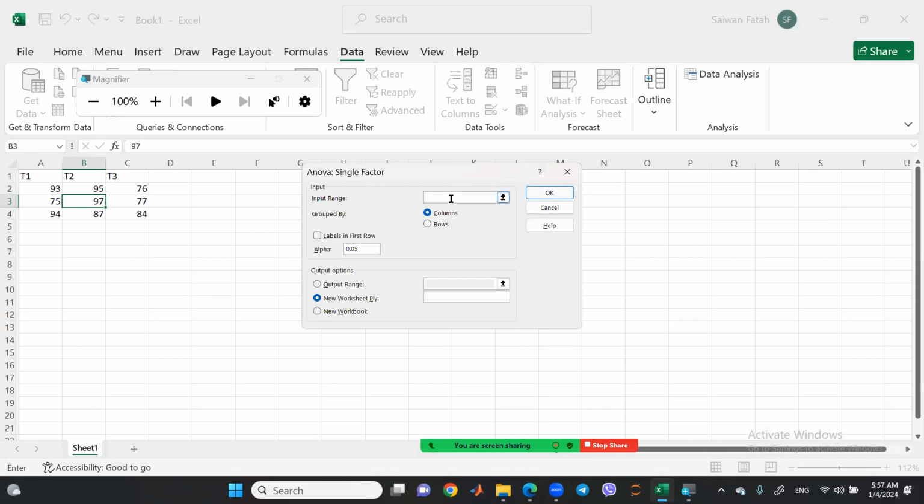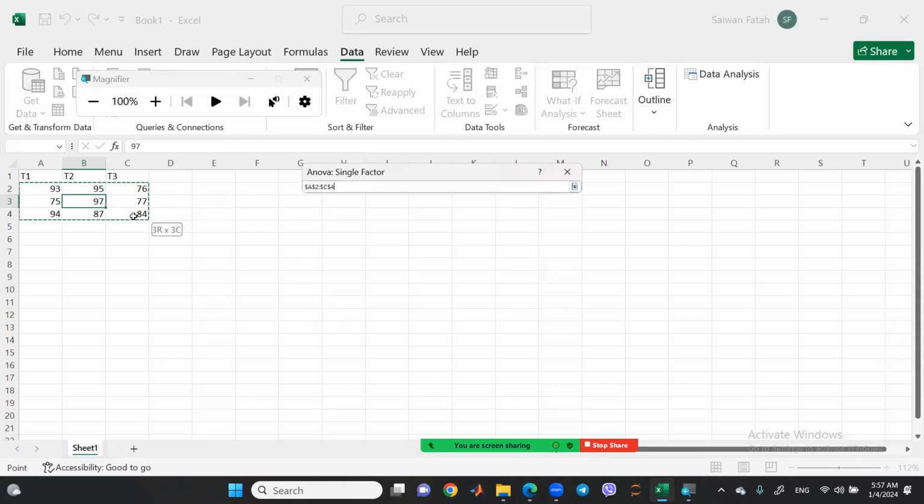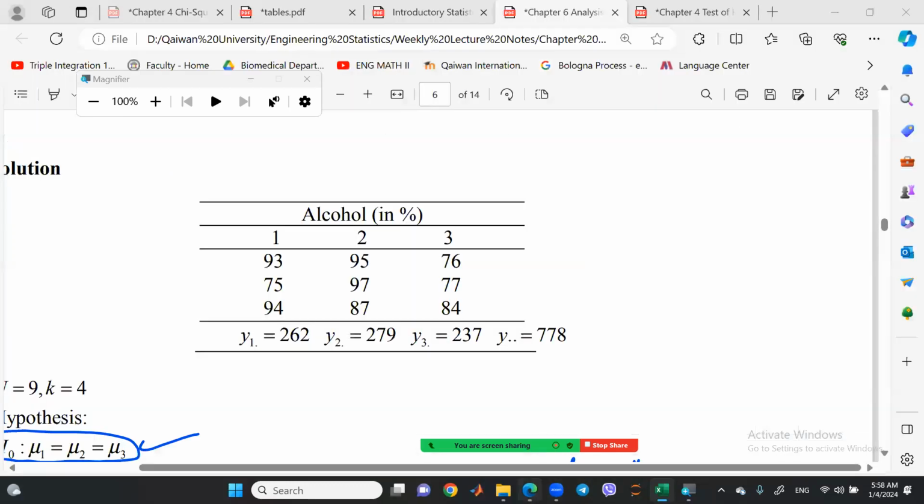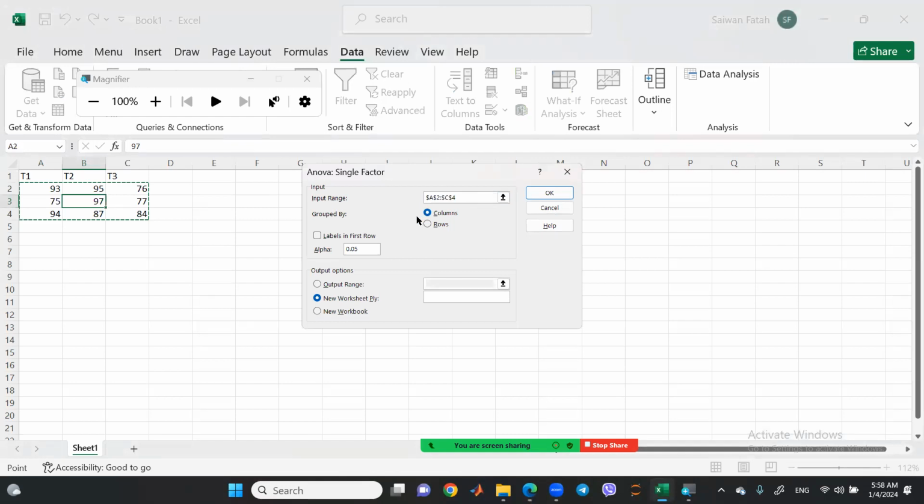We click on it, and then we select the data from the beginning to the end. You get the range of our data. Now, our data are given in columns or rows? Our data are in columns, as you see here. Column 1, column 2, column 3.